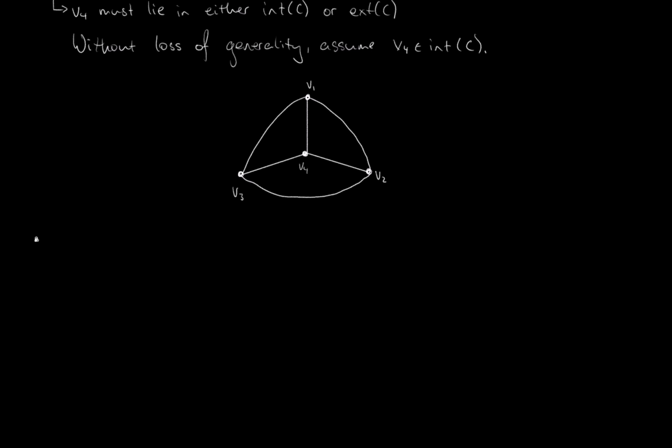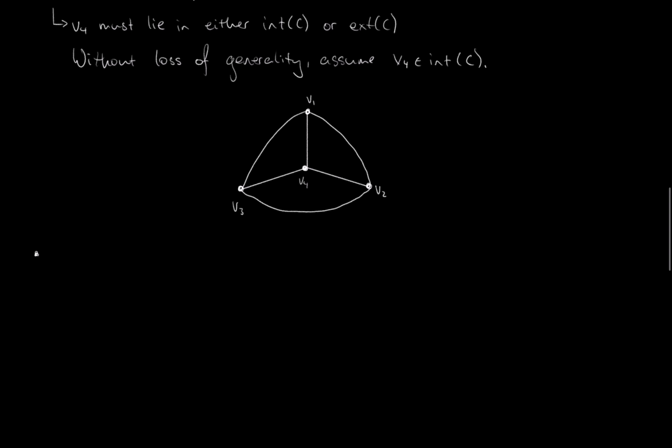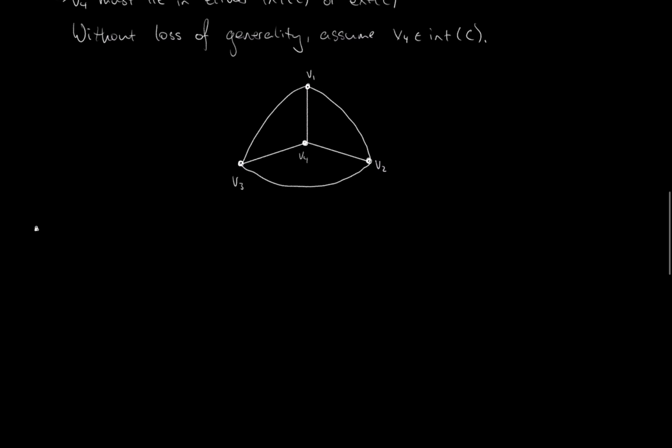And we make the exception that their ends don't have to lie in the interior of C, because it doesn't make a substantial difference in the result of this proof.